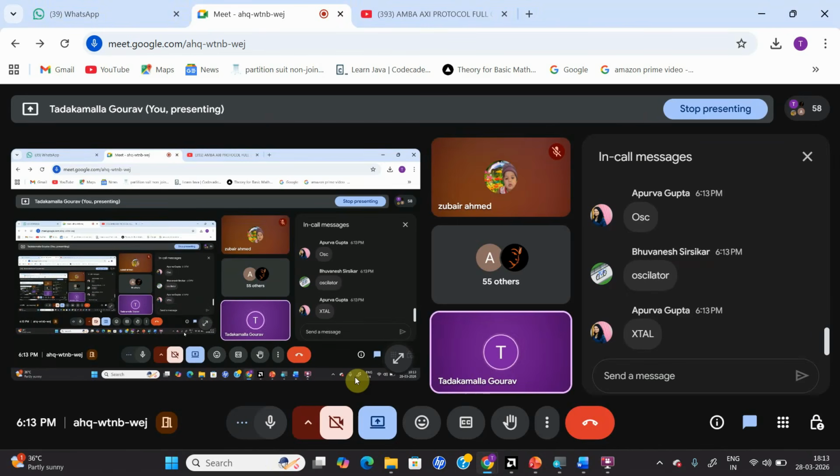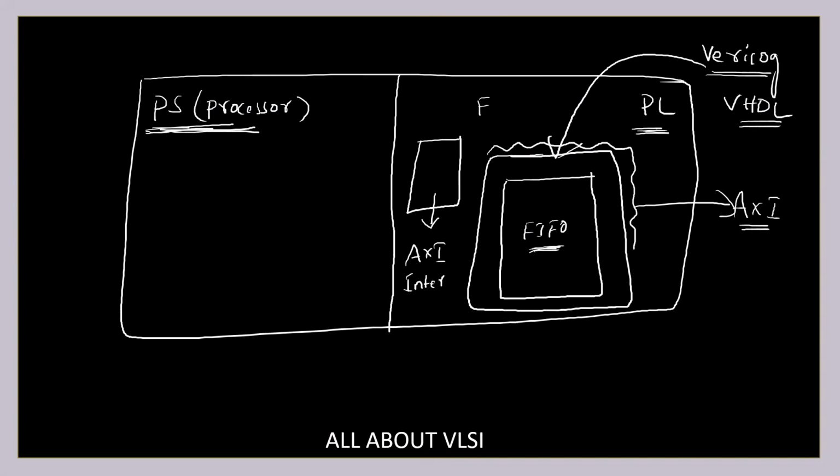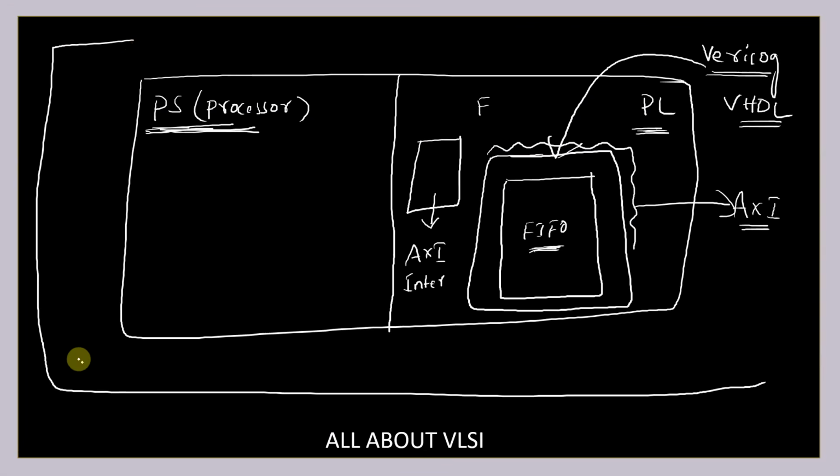That clock circuit will be present inside your development kit only. There is no direct connection from this oscillator to your FPGA in our Zynq architecture.